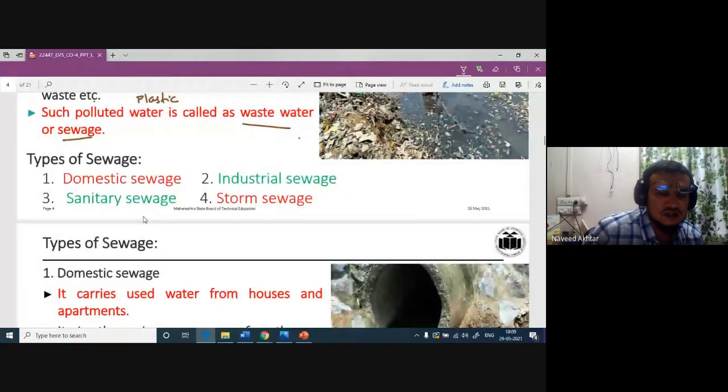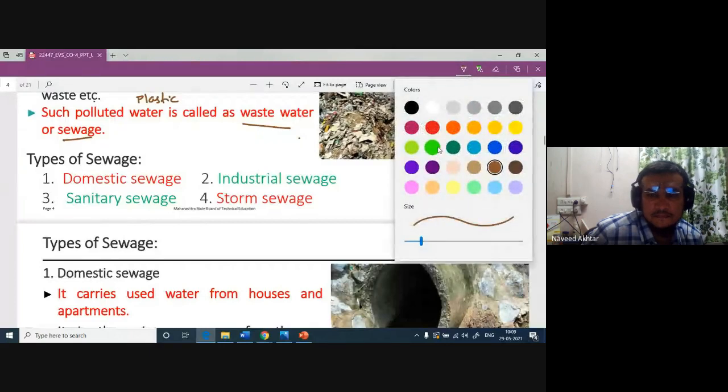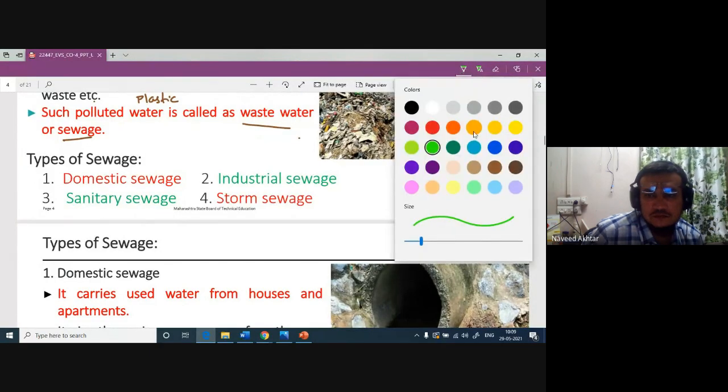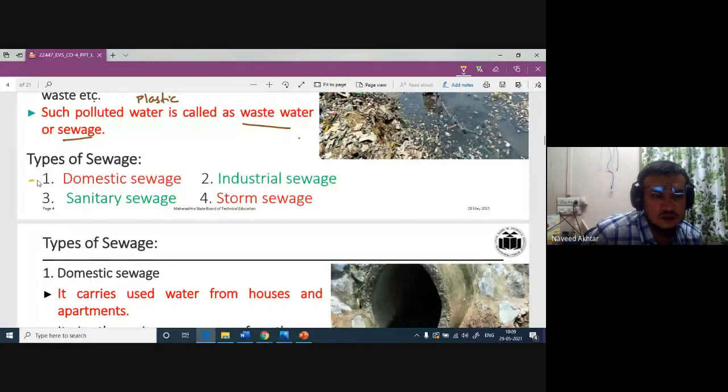There are different types of sewage water. It may be domestic sewage, industrial sewage, sanitary sewage, or storm sewage from the runoff of the rain.